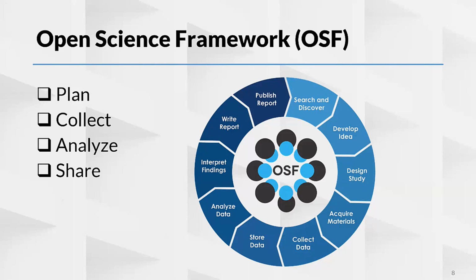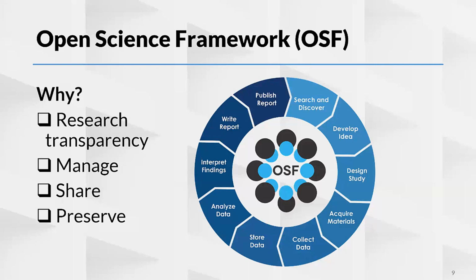So we'll come back to this figure throughout the presentation, and I'll show you how the Open Science Framework can help you with some of these steps. Okay, so why would you want to use the Open Science Framework? It's basically a platform that allows you to make your research more discoverable and transparent, but it also helps you manage your research.